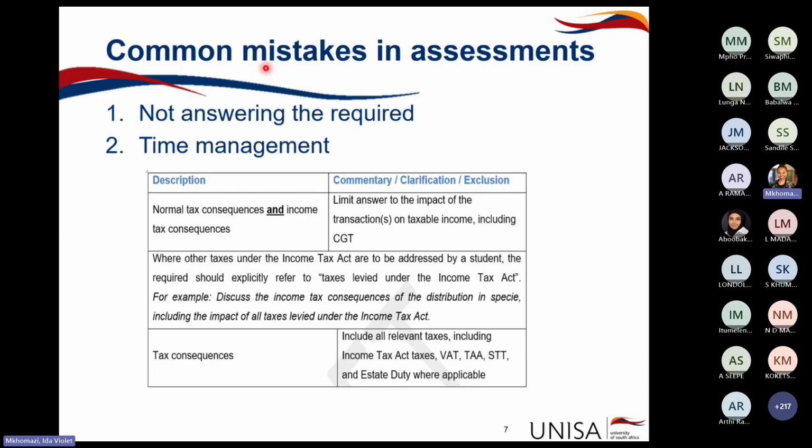There's 4 behaviors that SAICA picked up as the common mistakes that students make, but I only want to speak on two of them, right? Which is not answering the required and the issue of time management. When it comes to the required, it is very, very crucial to your success.